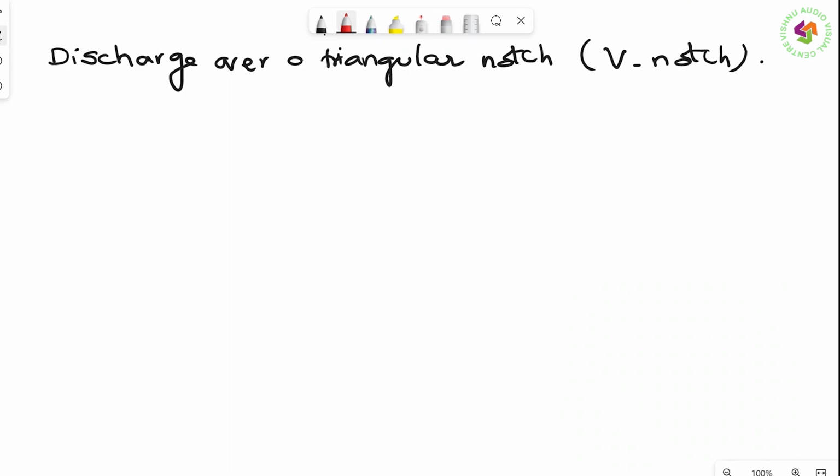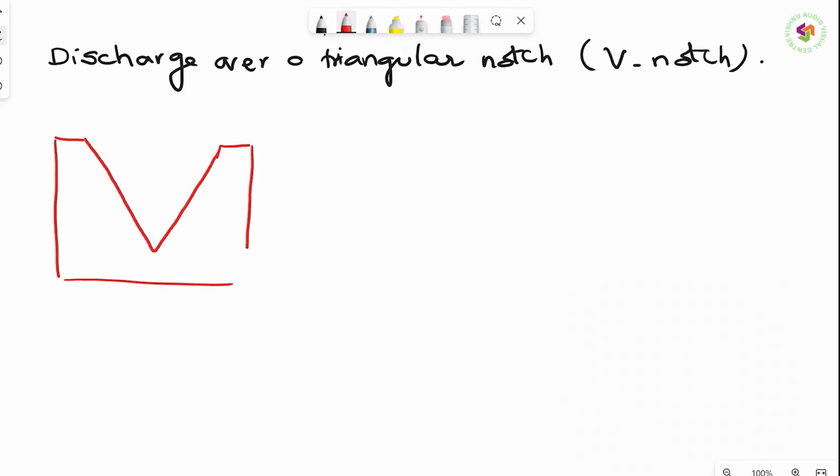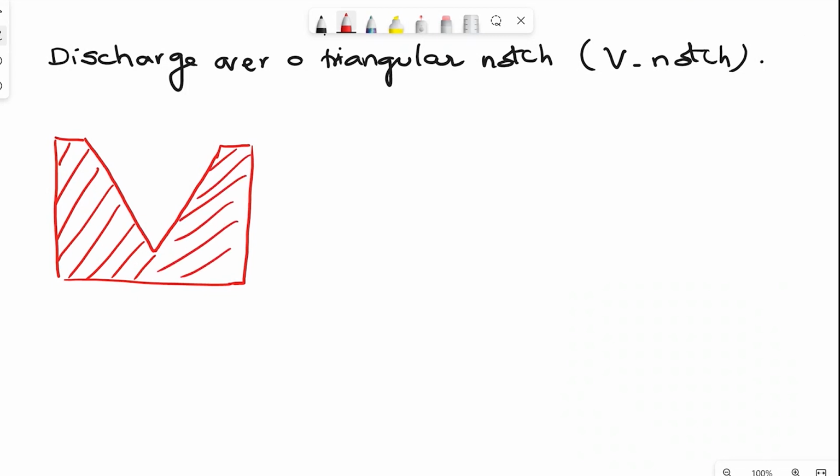Suppose I draw the sketch. This is a metallic plate where the opening is in the form of a V, or the same we call a triangle. So this is the opening of the V notch.